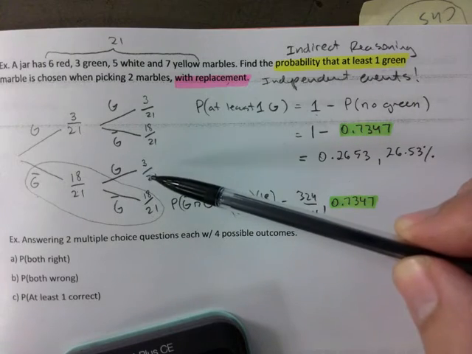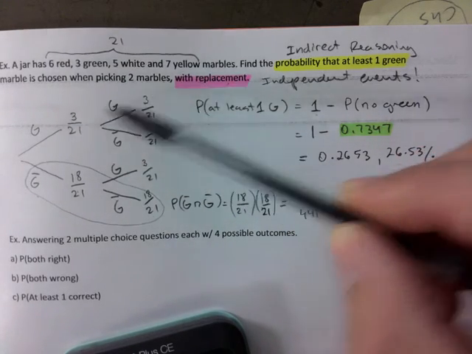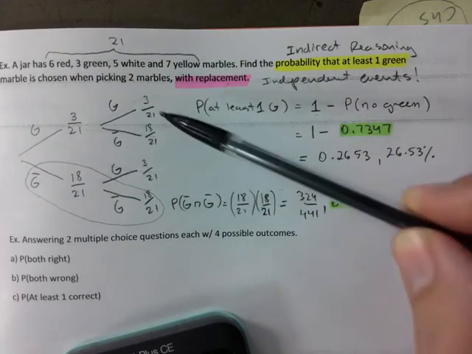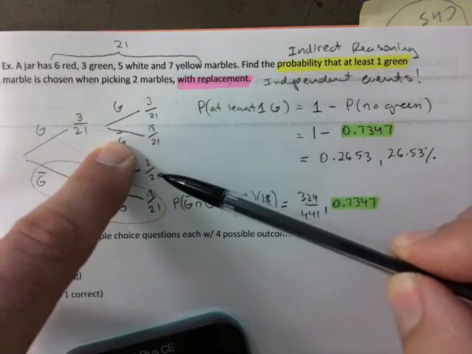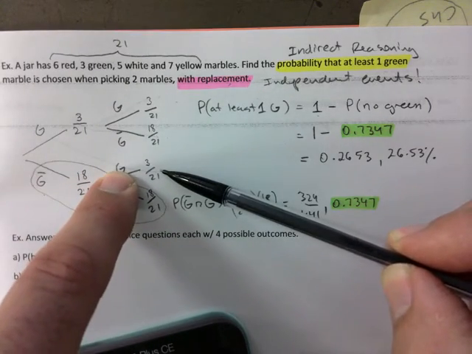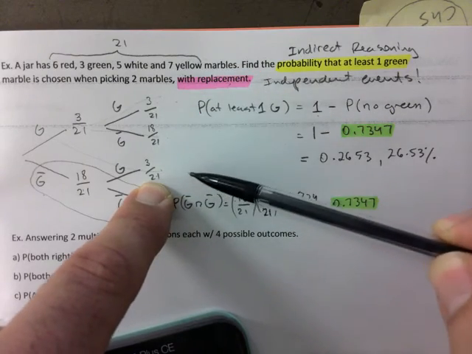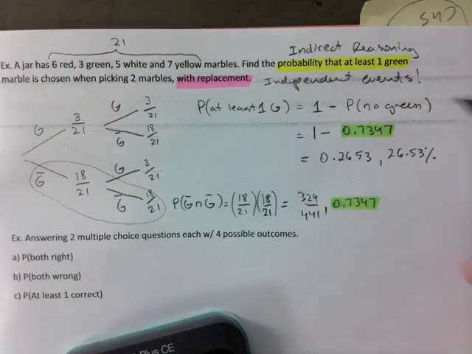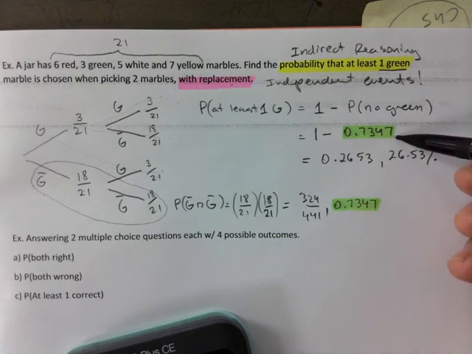At least one green, you could have added these probabilities here that you got from these branches, right? Because here you've got green, green. Here you've got green, not green. Here you've got not green, green, right? So these 3 branches, that would have been direct reasoning to add them up. But if it says at least one, take away the nots. Do indirect reasoning. That's how you get it, okay?